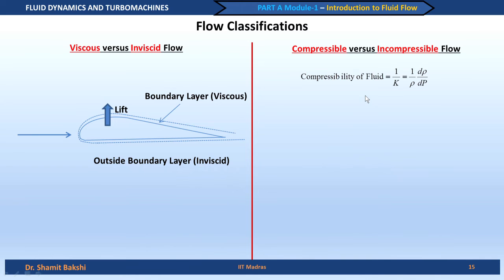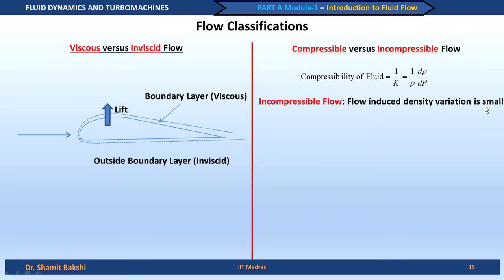Now, what is meant by this? This brings us to the definition of a compressible flow or an incompressible flow. An incompressible flow means that the flow induced density variation is small.